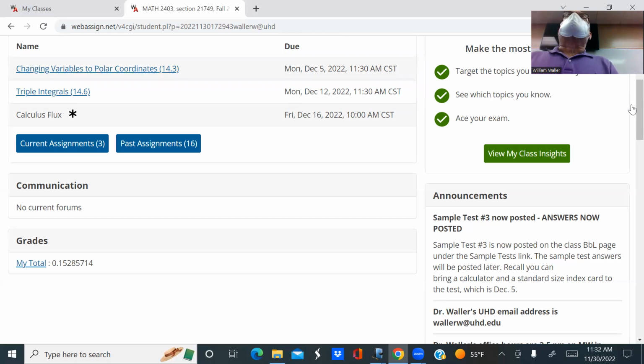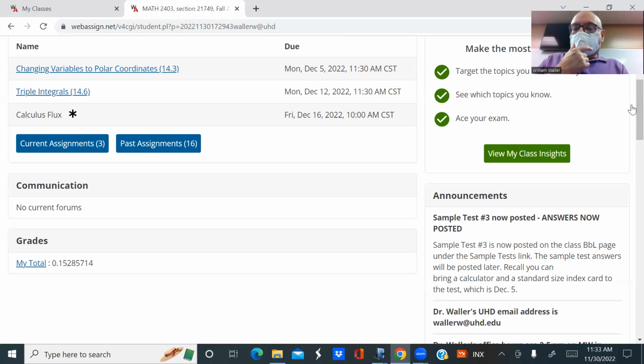So only the first 10 problems from the sample test would be the material for test number 3. Not polar coordinates or triple integrals, in other words, not these 2 homeworks, right? But all the homeworks that have already been due prior to this might be on test number 3.